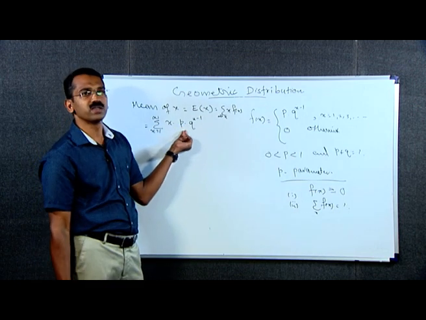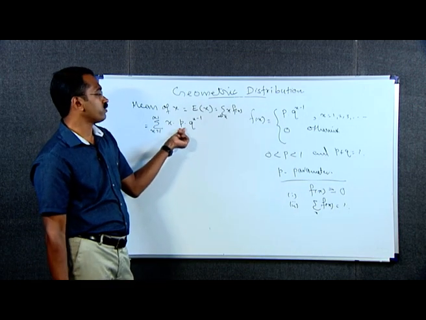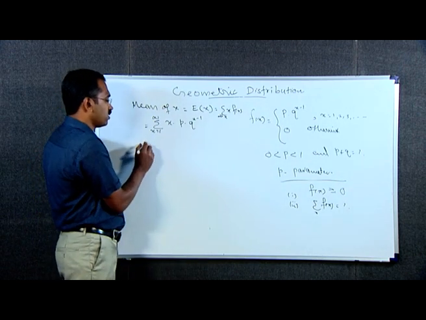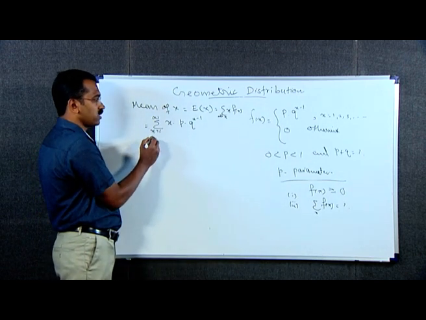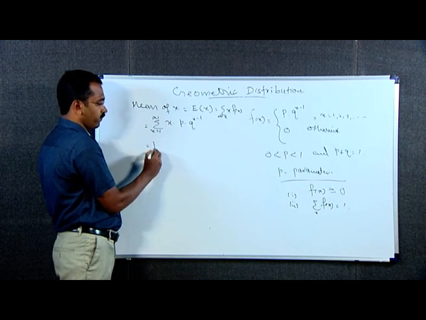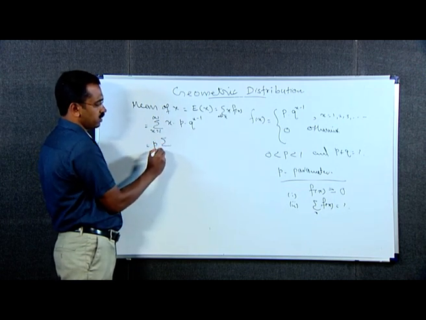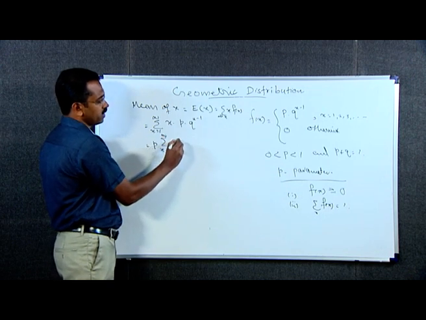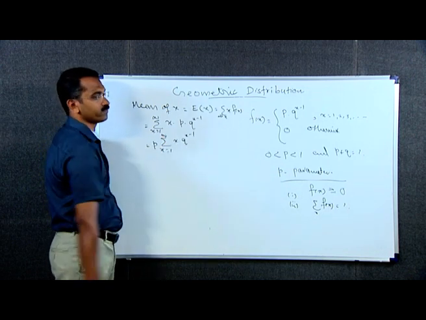Here p is independent of x, therefore this p can be taken outside of the sigma. We get E of x is equal to p into summation x varies from 1 to infinity, x into q raised to x minus 1.